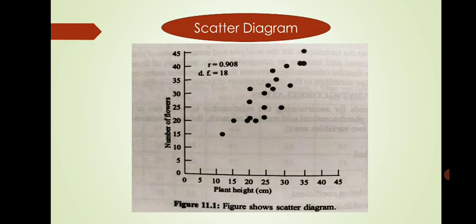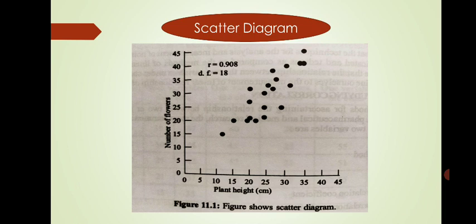This is how we can show the relationship between two variables. This mode of graphic representation is known as a scatter diagram. So the main theme in graphical methods is the scatter diagram.